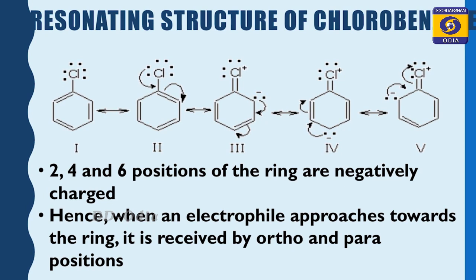In these diagrams, we see that because of the resonance, the positions 2, 4 and 6 of the ring are negatively charged. So, when we are discussing the electrophilic substitution reactions of these compounds, we have to focus that the electrophiles will attack at the 2, 4 and 6 positions.